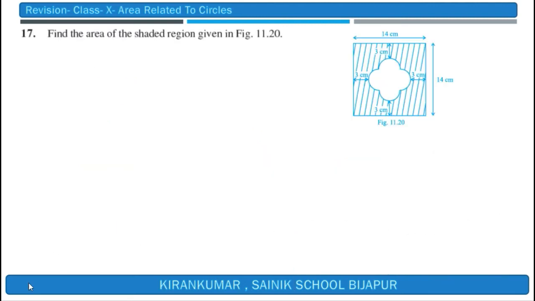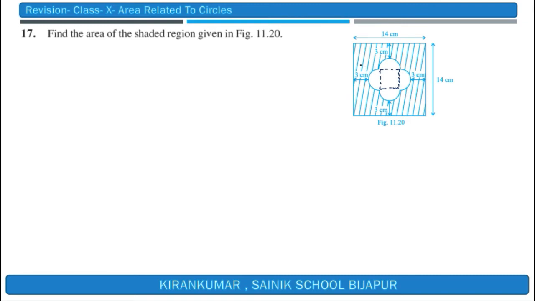Question number 17. Find the area of the shaded region in the figure 11.20. Observe the figure carefully. Suppose if I join this, it forms a smaller square and there are 4 semicircles.